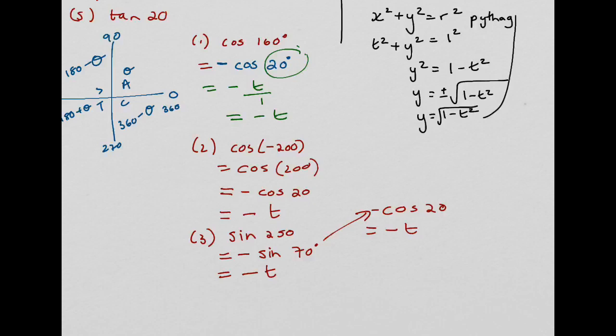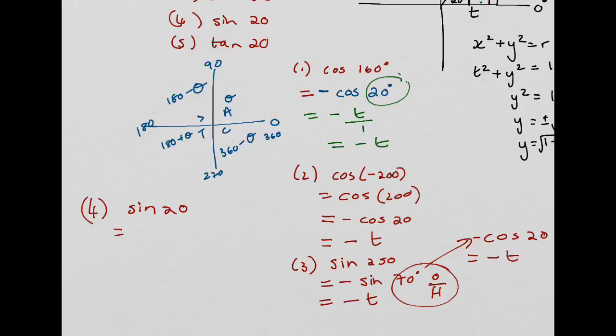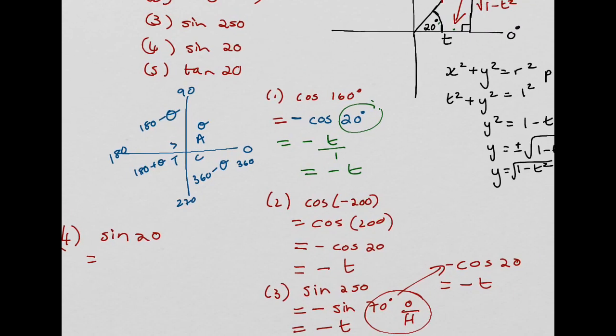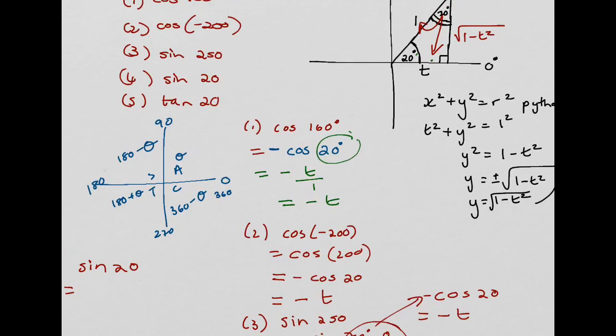So you can choose. Either you're going to use the co-ratios and go back to cos, or you are going to work with sine in the triangle from 70 degrees, opposite over hypotenuse, but from 70 degrees, not the 20 degrees. All right, the next two are quite easy because they're already 20 degrees, already reduced, so you can go straight into your triangle because I see 20 degrees.